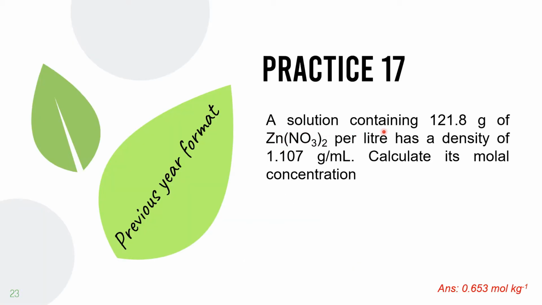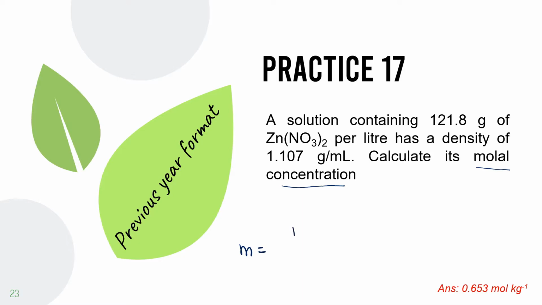A solution containing 1 to 1.8 gram of zinc nitrate per liter has a density of 1.107 gram per ml. Calculate its molal concentration. So for this question, you are going to find the molal concentration.